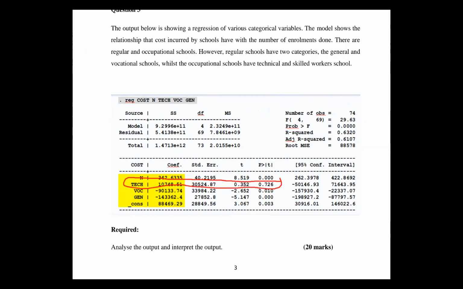Even using the p-value, this is 0.726. It's greater than 0.05, right? So I said, if the p-value is greater than 0.05, you fail to reject the null hypothesis. Is that okay?